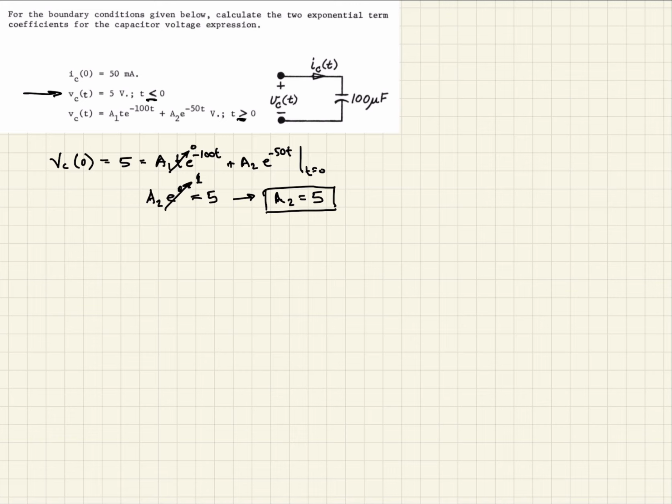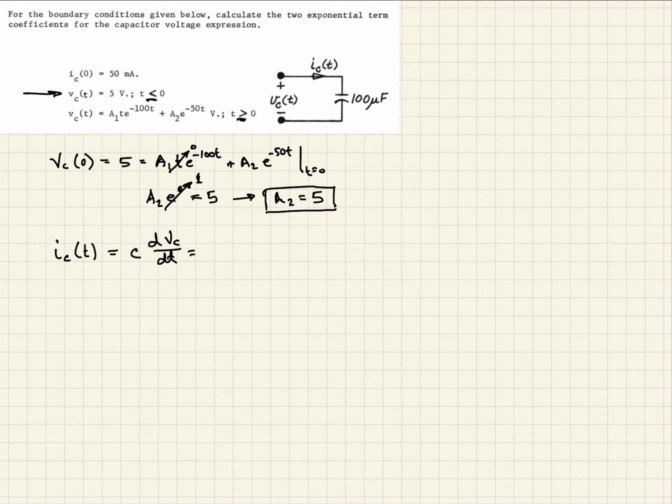Okay, so we also know by definition that the current across a capacitor is equal to the capacitance times the time derivative of the voltage across the capacitor, or the derivative with respect to t.